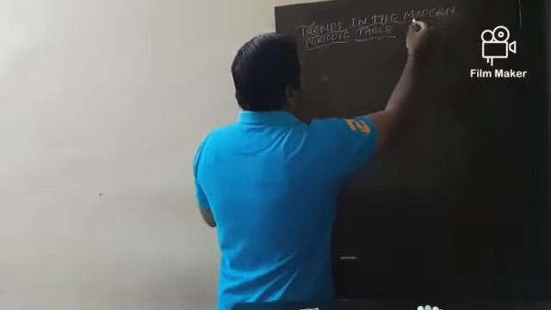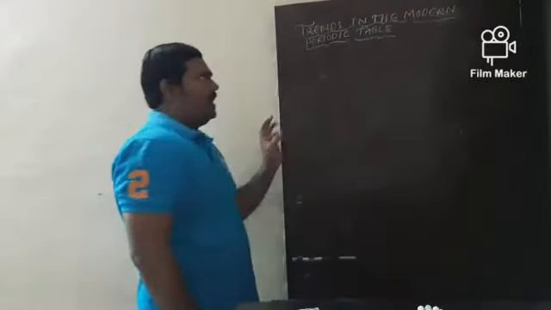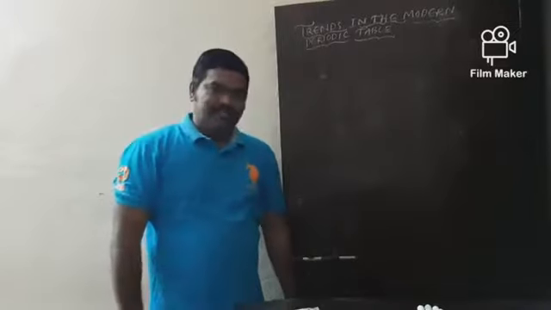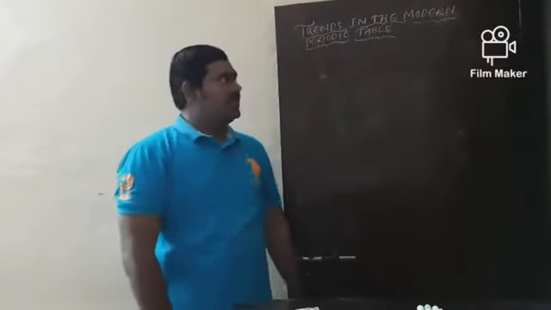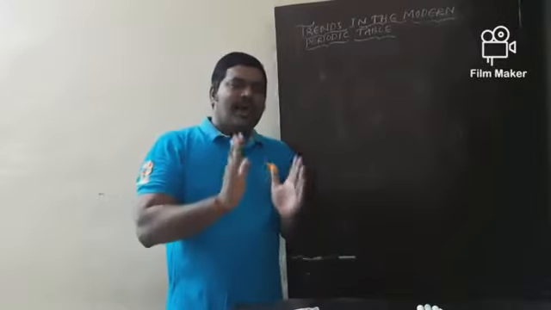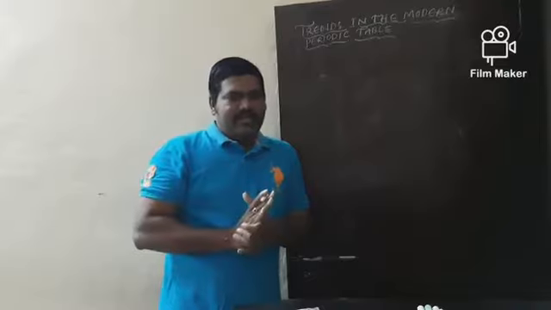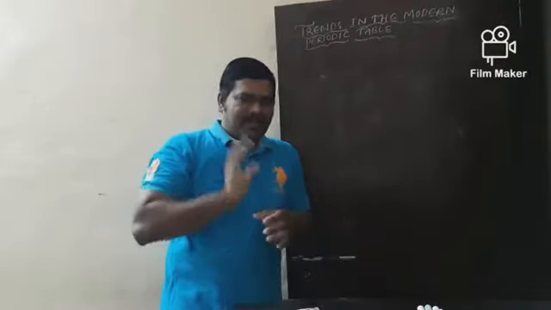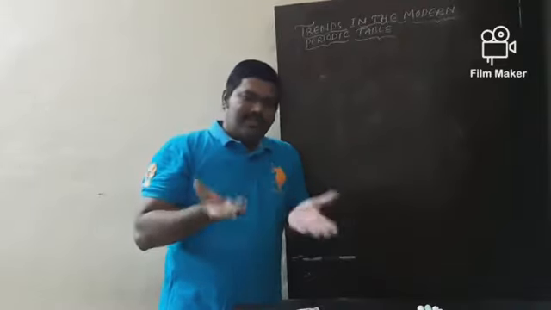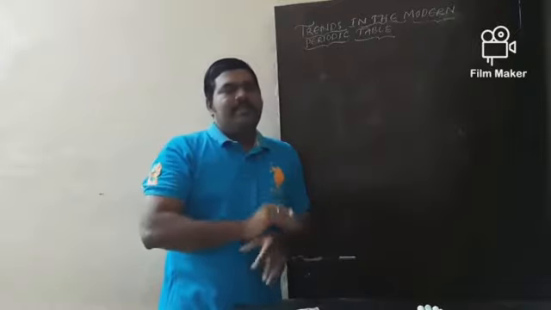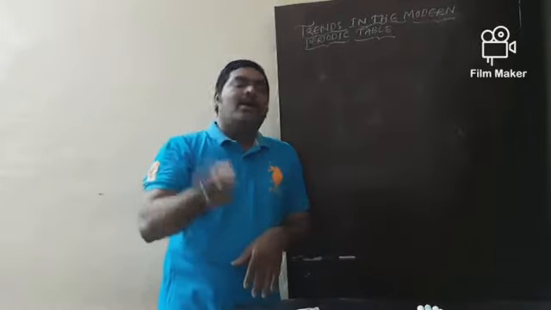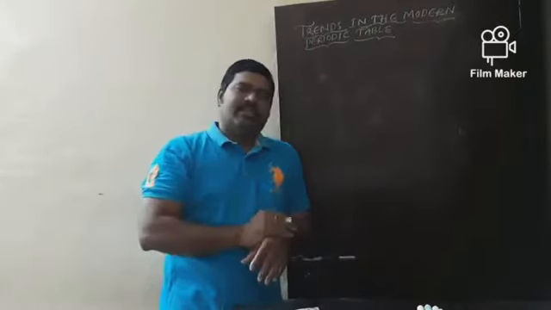Do you know what is meant by trend? Trend means variation. All the periodic properties, how they vary in a group and in a period. So trend means variation, and this is also called trends in the periodic properties or periodic trends in the modern periodic table.